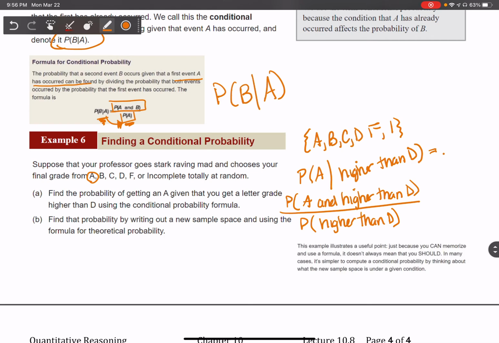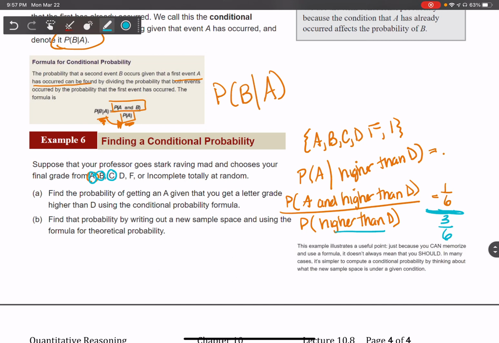So we have our 1/6. And then we're looking at probability of grades higher than D. Probability of grades higher than D will be 1, 2, 3. So that will be 3 out of 6. So this will be divided by 3/6.